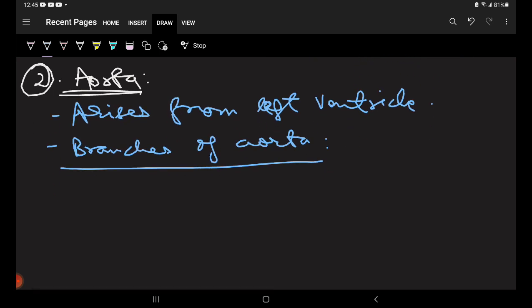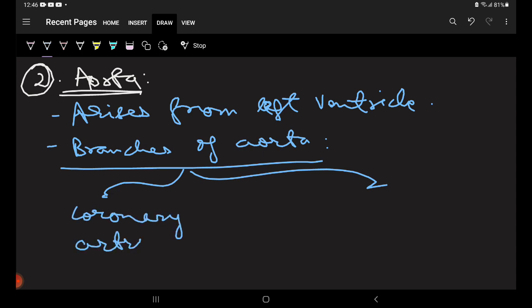So, branches of the aorta, there are two main branches. First is the coronary arteries and second is the CBCT.